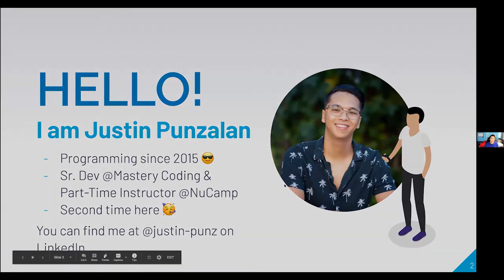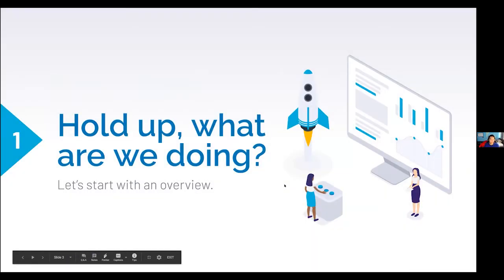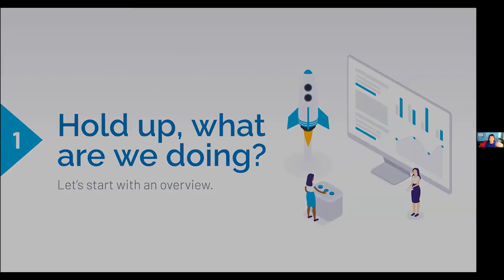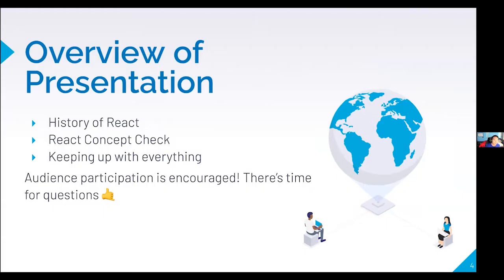Before we really get into it, let's talk about what we're going to be doing here. Since it's about what we think we know about React, I think it's important to talk about the history. It's been out for like 7-8 years now. We'll do a nice concept check and dive deep into things like why we use keys when we map, why is React DOM in our package JSON even though we don't really need to import it, and just how do we keep up with all this stuff.